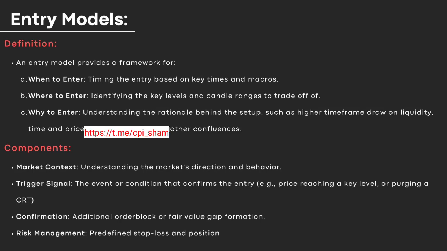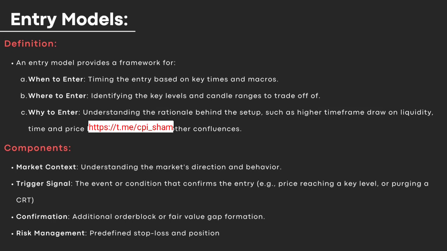Now, the second most important component of an entry model is the trigger signal, right? The trigger is a specific event or condition that tells you that right now it's time to act, and now it's time to enter or jump into the trade. That is what we call a trigger.